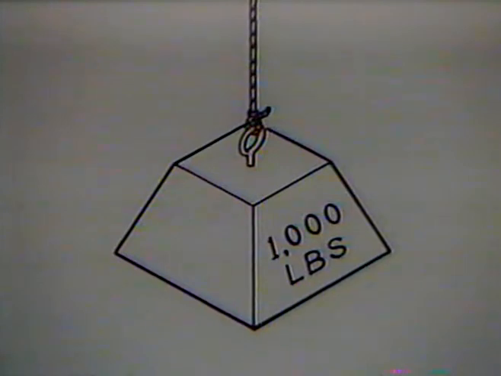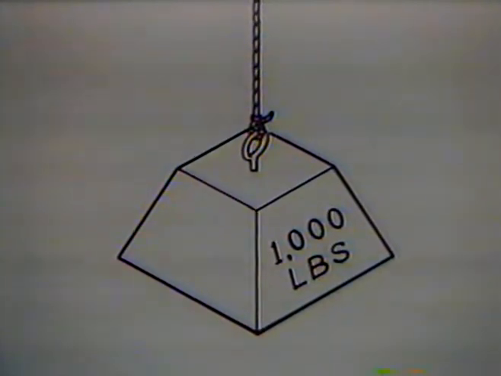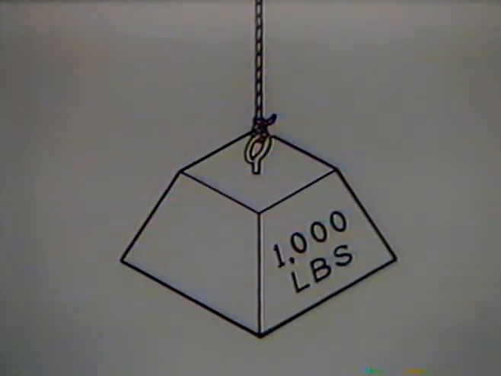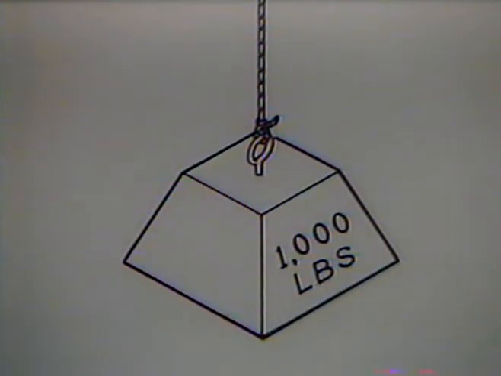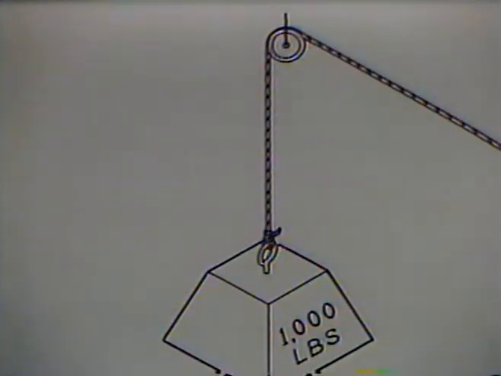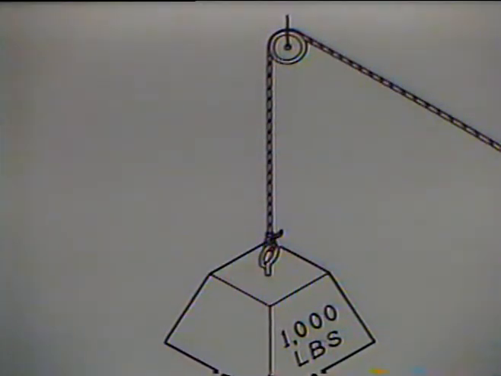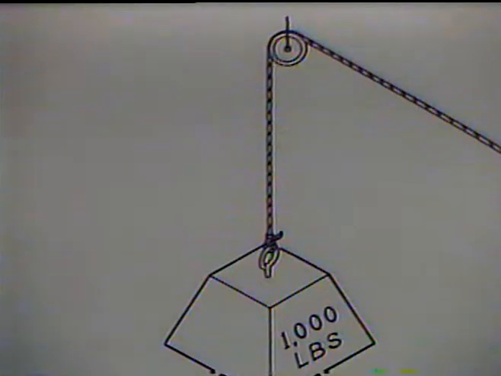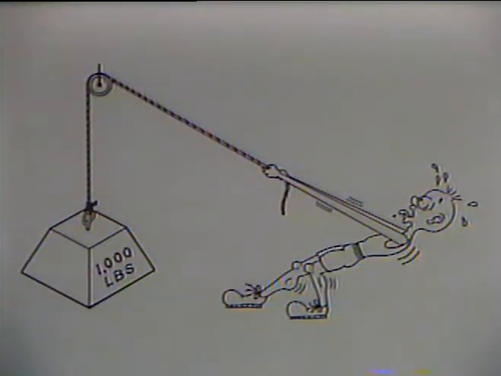How much current would be required to raise this 1,000-pound weight 6 feet in 30 seconds using a 24-volt hoist? There are actually two parts to this problem. First, we must find the amount of mechanical power required to lift the weight. Then convert that mechanical power to electrical power.